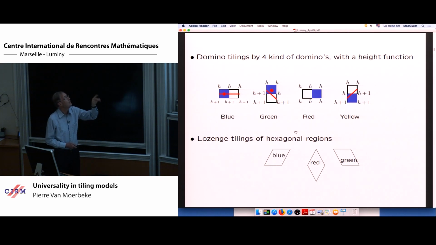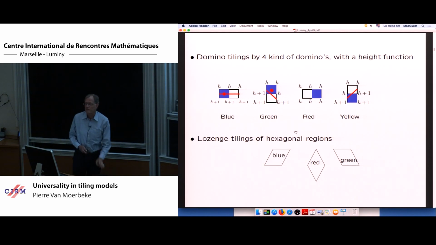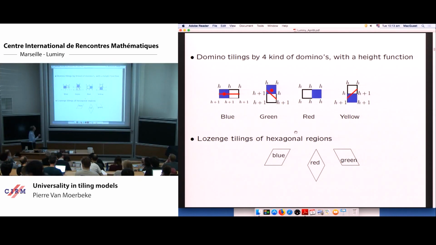You don't have to, but let me immediately say something about the height function. These tiles are equipped with a height function. If this is height h, say 0, 0, 0, then this will be height 1, 1, 1, okay? You might say it is like a domino which is slightly tilted.